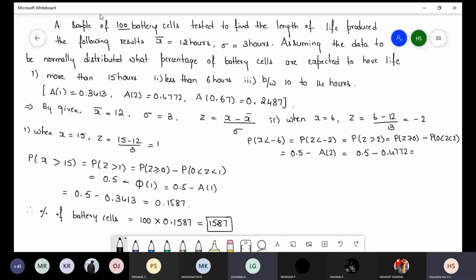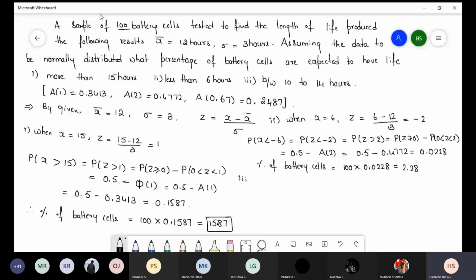That is 0.0228. So again, the percentage of battery cells is equal to 100 into 0.0228, which is 2.28.